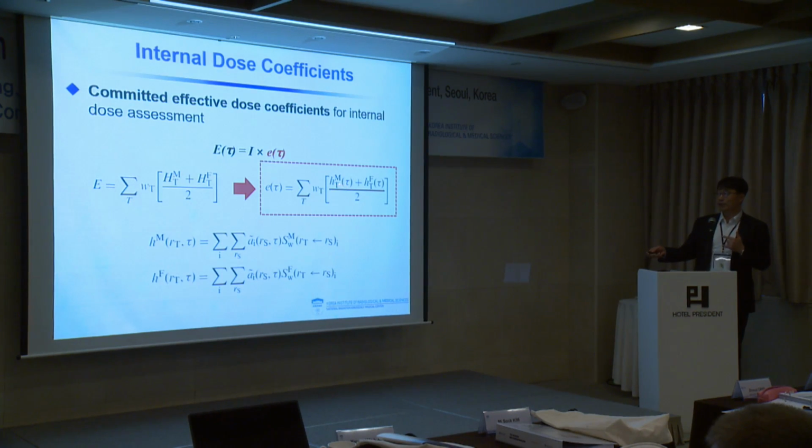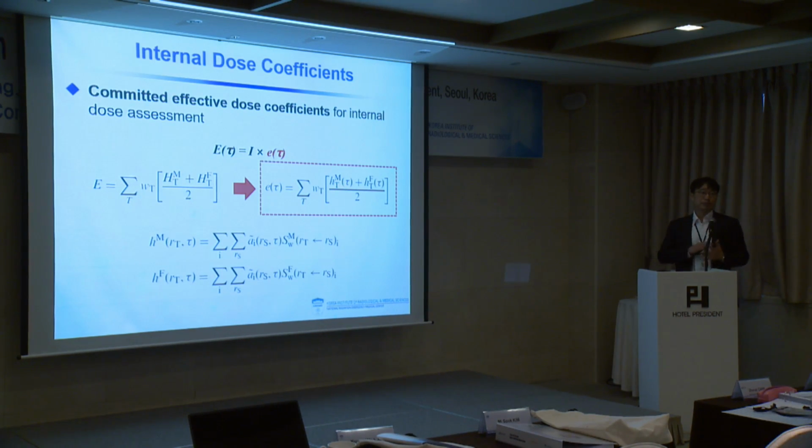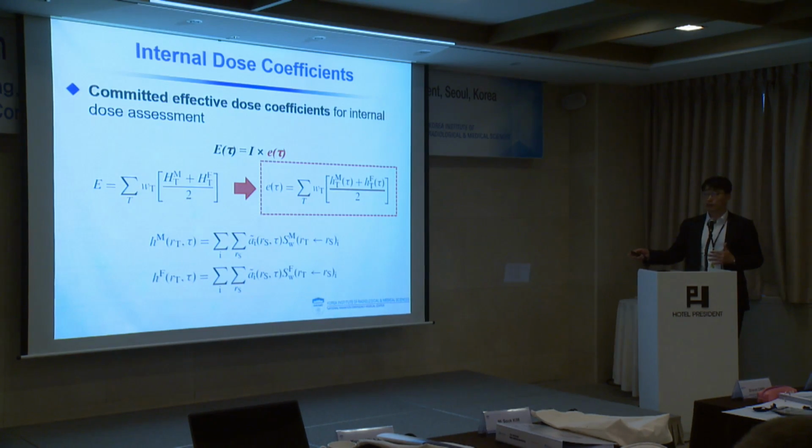H_T^M tau means the committed equivalent dose coefficient per male, and H_T^F tau means the committed equivalent dose coefficient per female. So we have to apply sex-averaged committed equivalent dose coefficients to derive the effective dose coefficients.